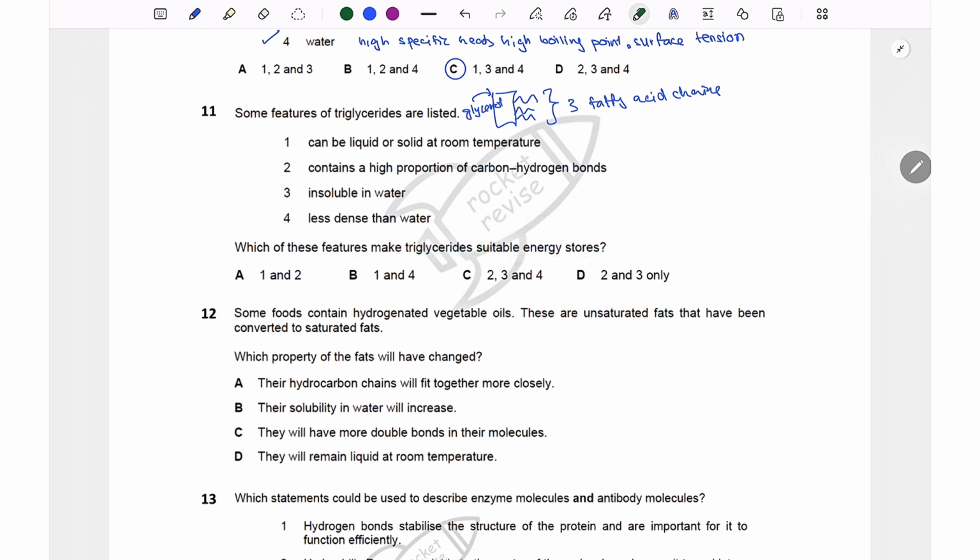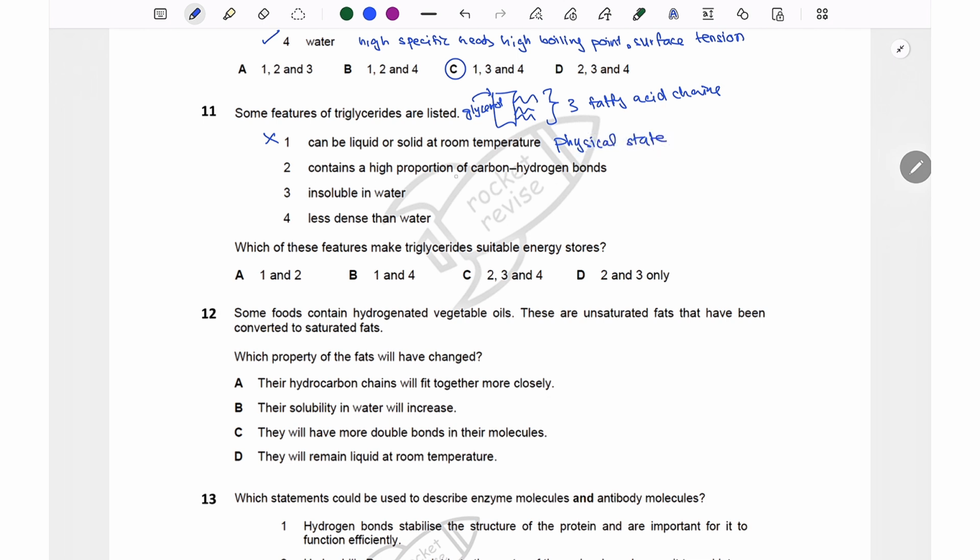So all of them are true, but we have to relate it to which ones are good, suitable energy stores. The fact that it can be liquid or solid at room temperature is not really related to energy store, because it's just a physical state, so it's irrelevant.